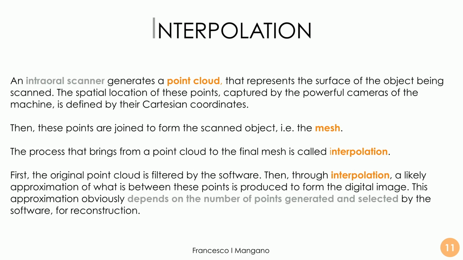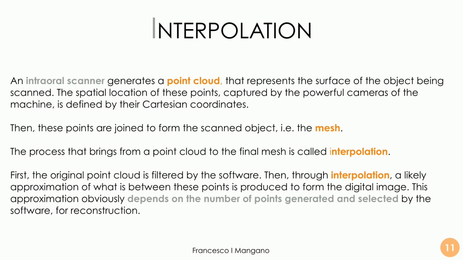After the pre-processing, once the object is recognized, we have this transformation from a point cloud to a mesh that is called interpolation, and it's very important. It's probably the most important part handled by the software.